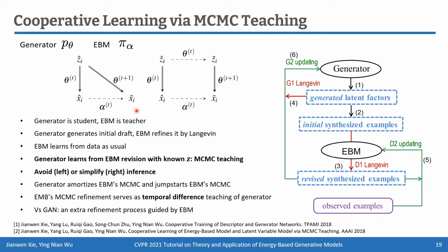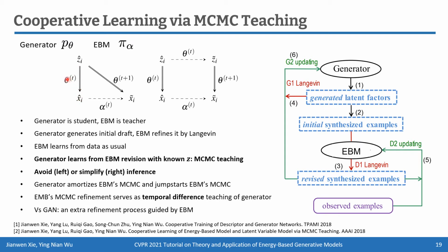Using the synthesized examples, we can compare them with observed examples to update the parameter alpha for the EBM. But how do we update the generative model? You can see that this xi hat is the original draft generated by the generative model, and then it is corrected or refined by the EBM to xi tilde. Originally, this zi hat, the generated latent code or noise vector, reconstructs xi hat.